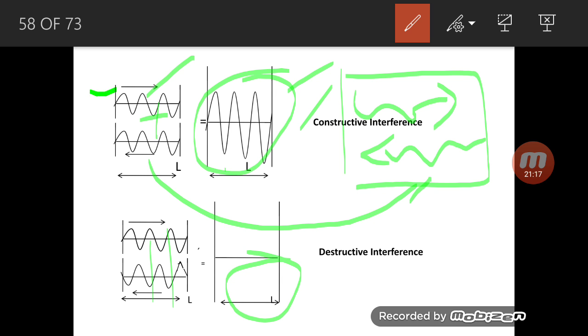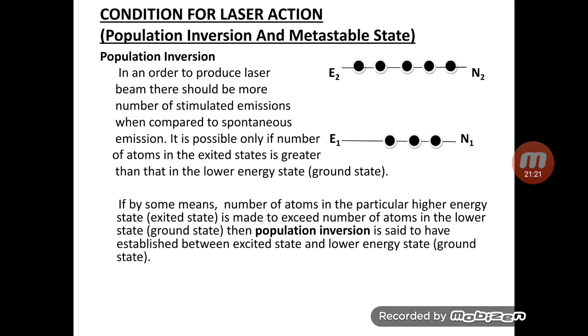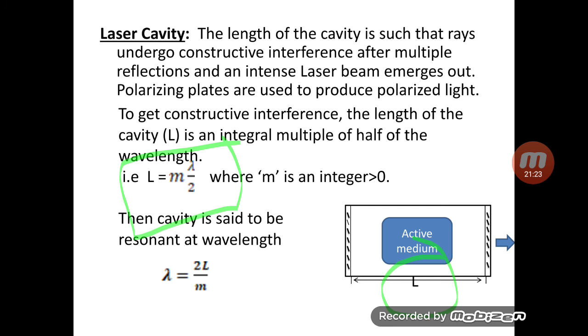So our condition is this: to achieve constructive interference, I have to set the distance between the two mirrors equal to L = mλ/2. Lambda is the wavelength, m is an integer. m is also called the modes of the laser.